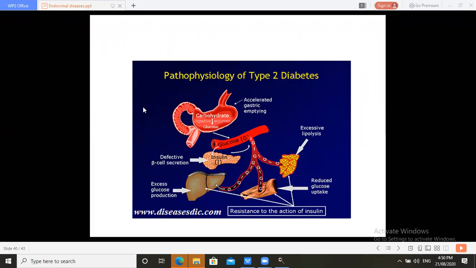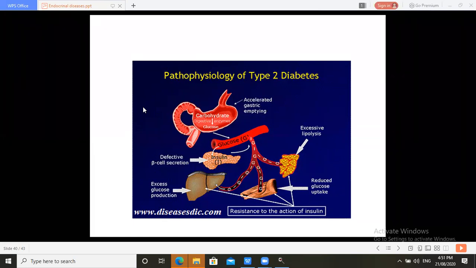Now there are long-term complications of diabetes mellitus. We call it microangiopathy, that is cerebral vascular infarcts and hemorrhages. Then retinopathy.